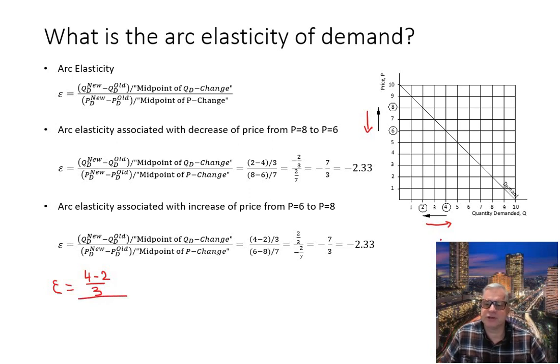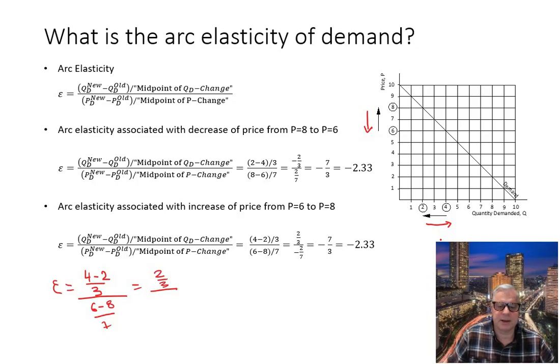Now the relative change in price, the new value is 6, the old value was 8, divided by the midpoint, which is 7. So now we get 2/3 divided by negative 2/7, which is again the same as 2/3 times negative 7/2.